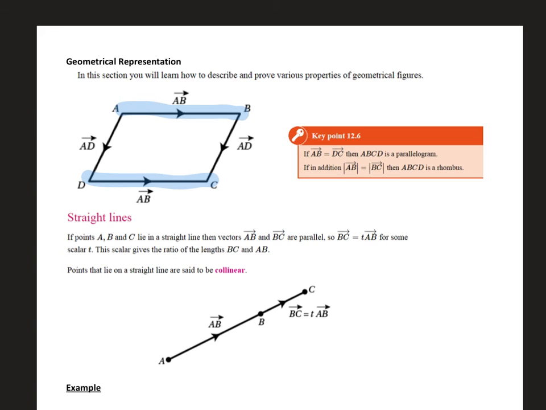So AB would equal the vector DC, for example, and AD would equal BC. And if it's a rhombus, then the lengths would all be equal. They're common quadrilaterals that you might have to prove facts about.